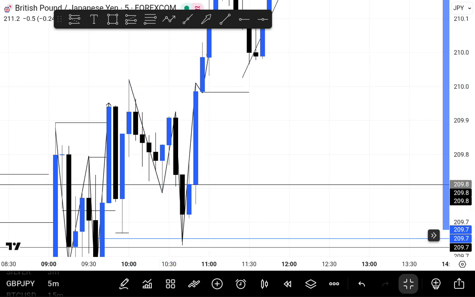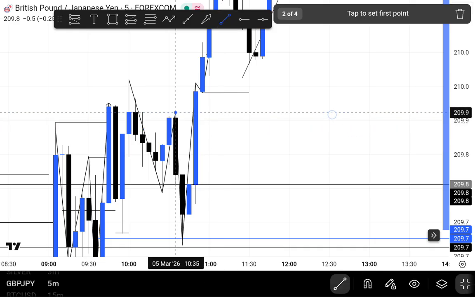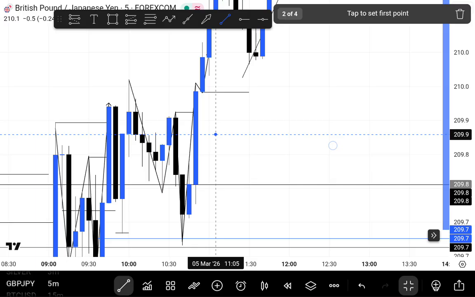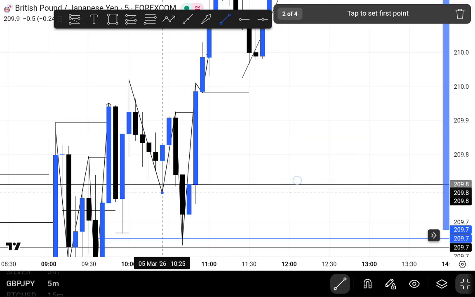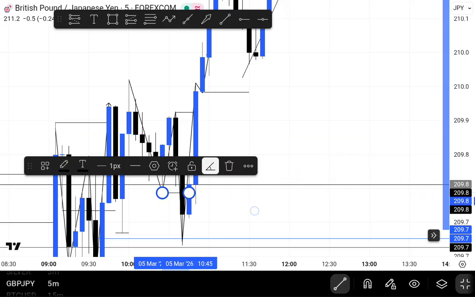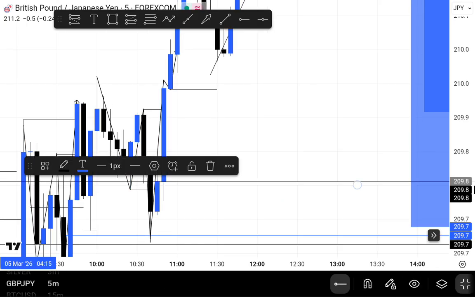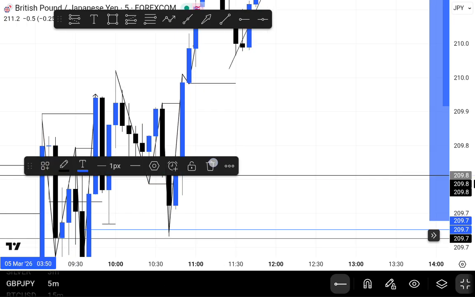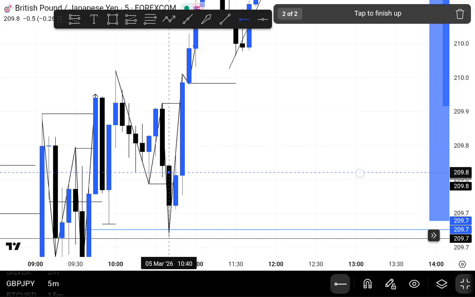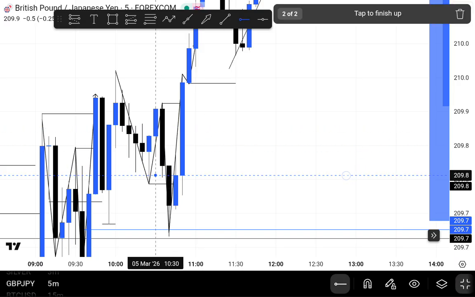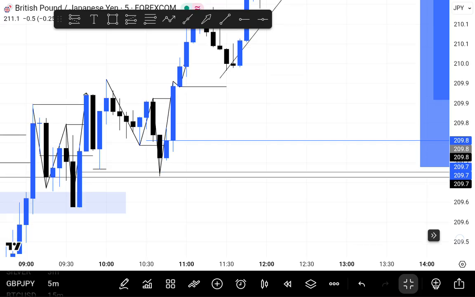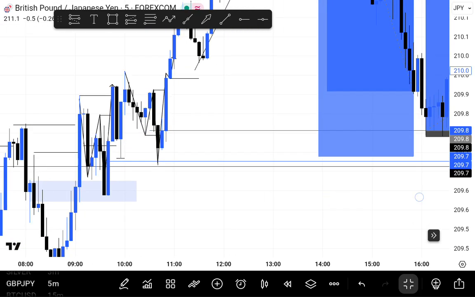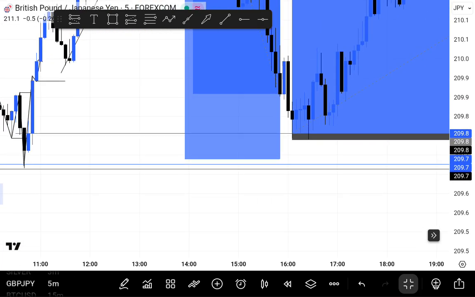This was a market block with the MSS here. It made a break of structure here. This was my OC here. That was where the buy came from.